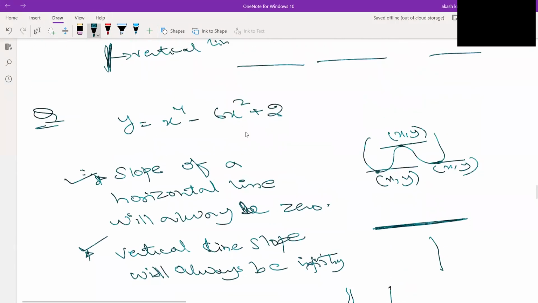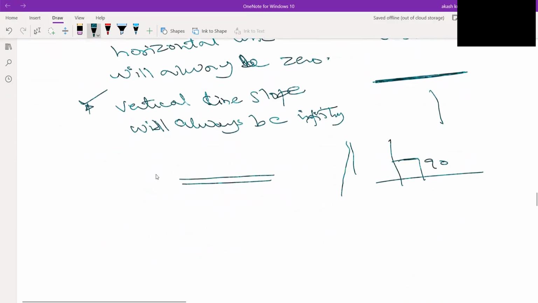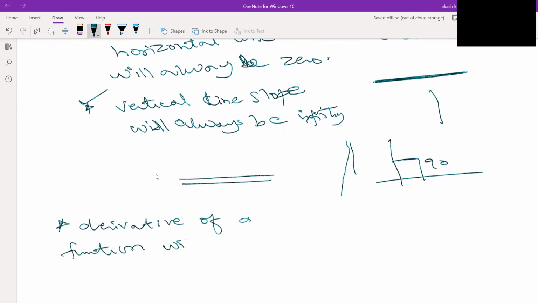So the question was that we have to find the points where the tangent is horizontal, and we can find that by finding its slope. The third point: the derivative of a function will be equal to slope.